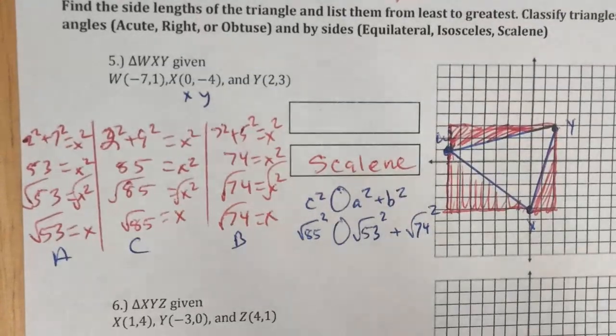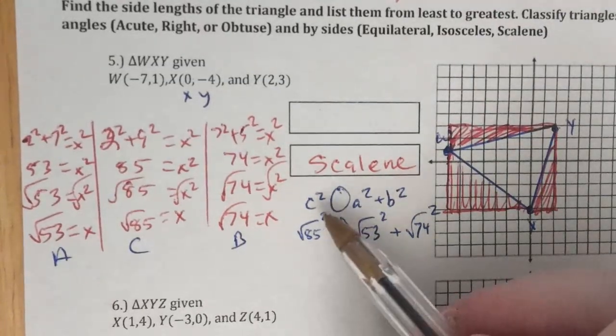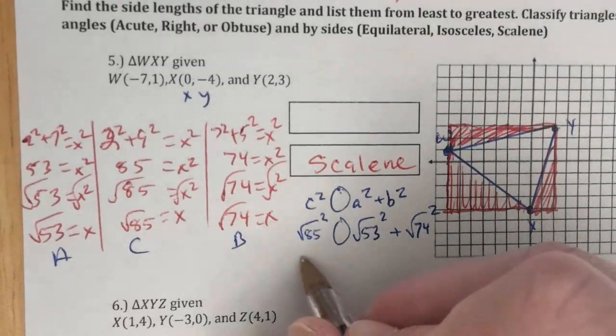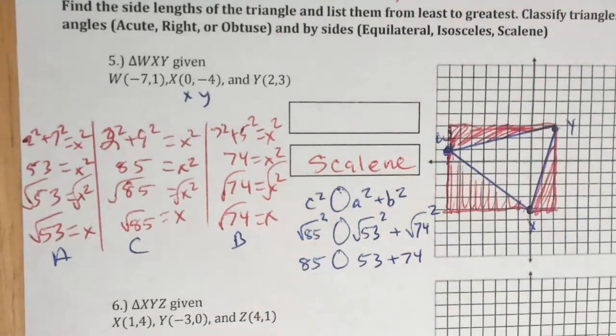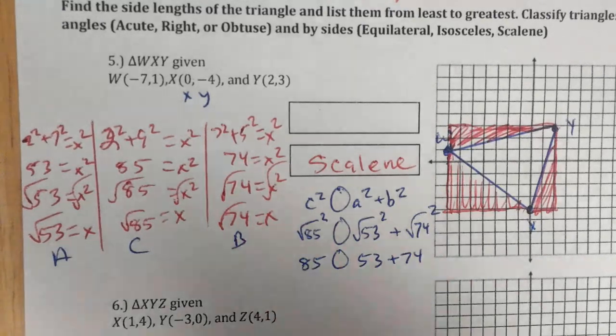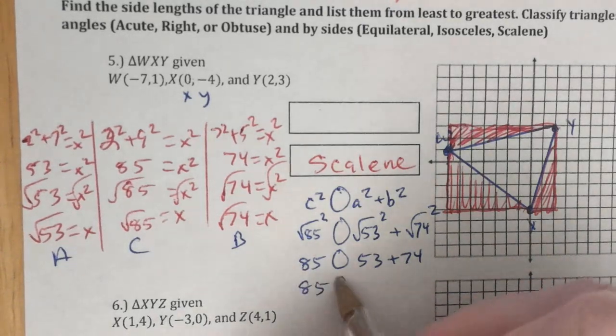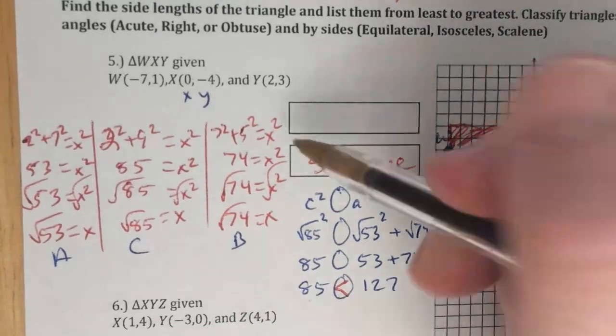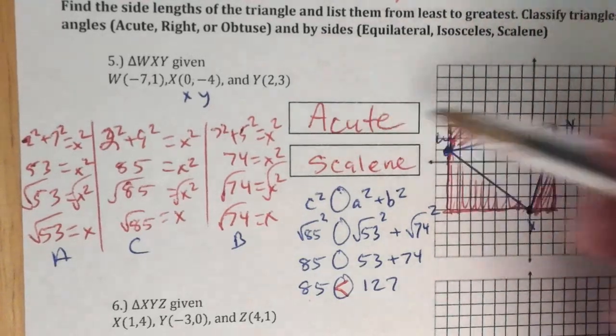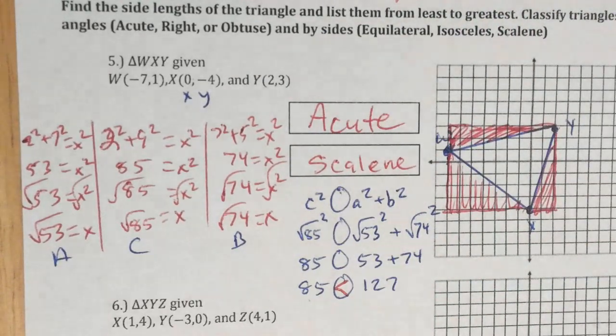Now here's the awesome part. This is why we didn't simplify this earlier. The square and the square root cross out. So you're left with 85. How does it compare to 53 plus 74? So 53 plus 74, we get 127. How does 85 compare to 127? We would eat the bigger number, and 85 is less than 127, so that is acute, just like I thought earlier. And that's the answer.